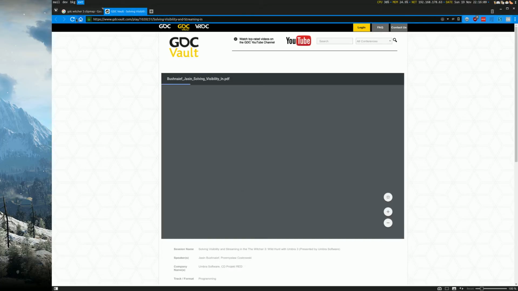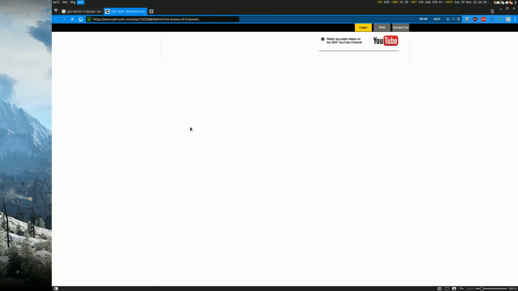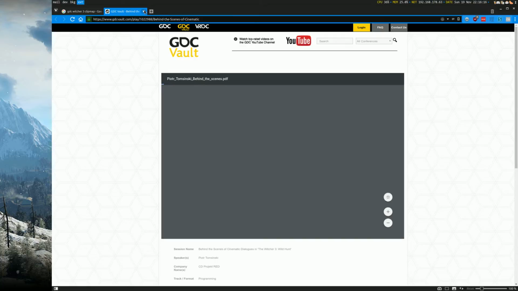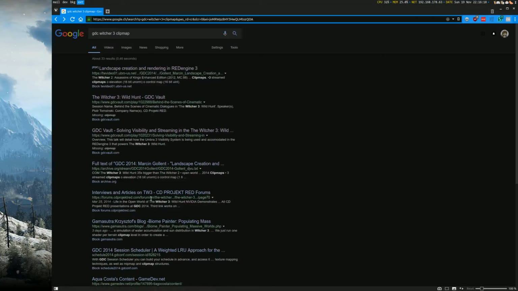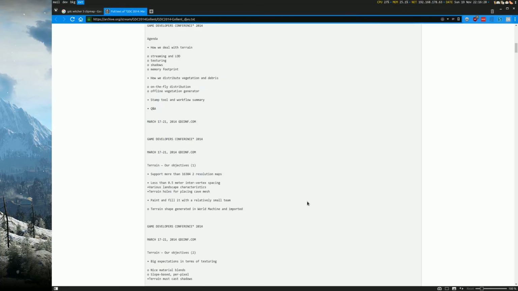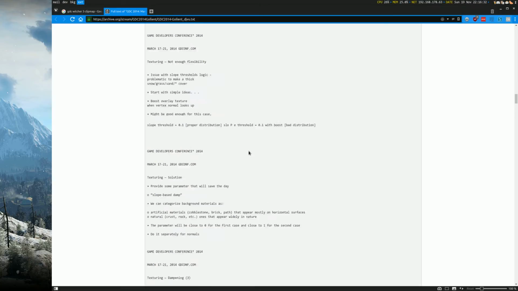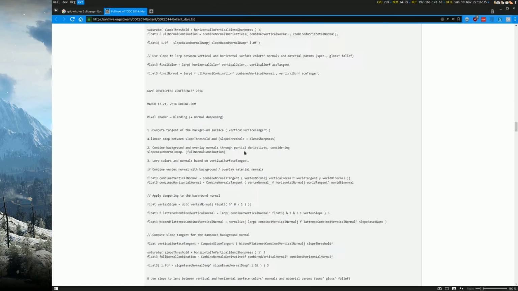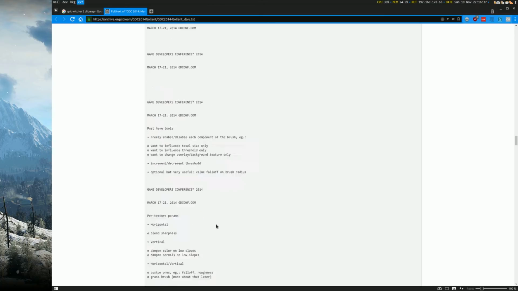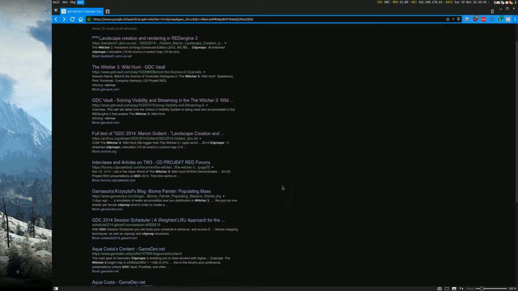Is this it? Okay, that's the paper again. Well, not paper, but you know. Where's the talk? This is full text. So that's just a transcription of the slides.